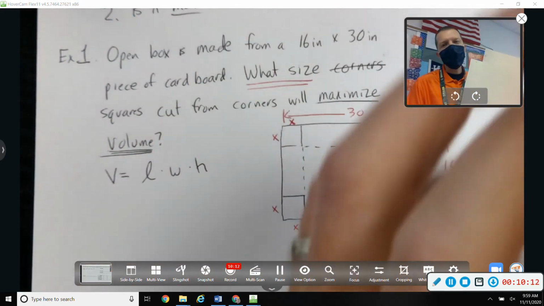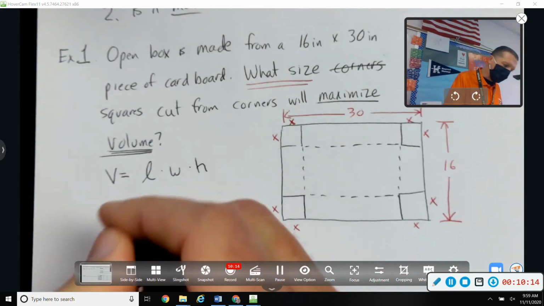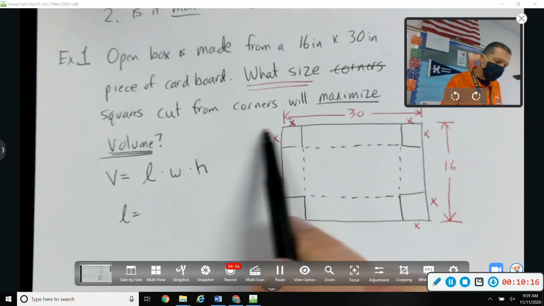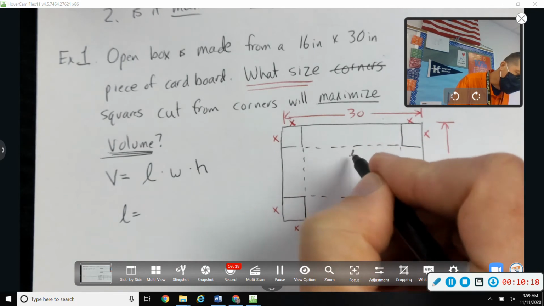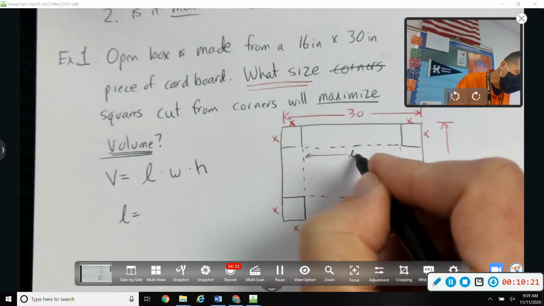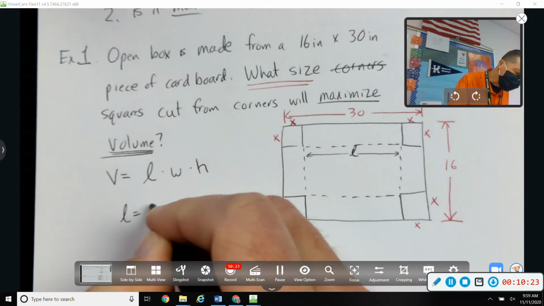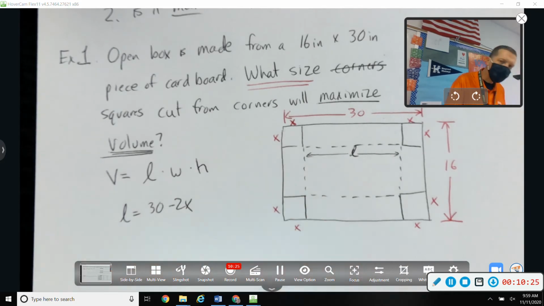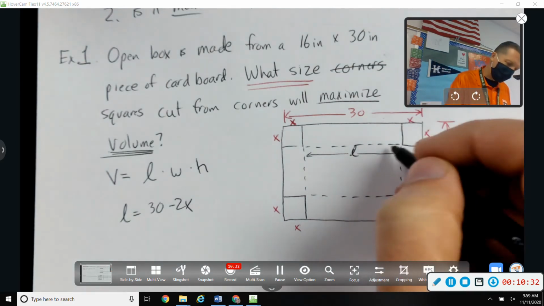When we do that, what will the length equal? 30 minus 2x. Yeah, the length then will be 30 minus 2x, because we're cutting x off of each end. Be careful with cutting it off of each end.